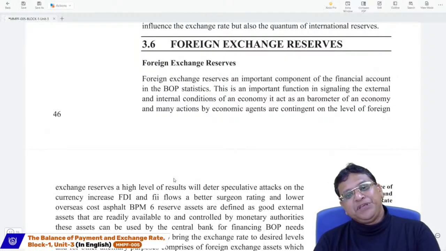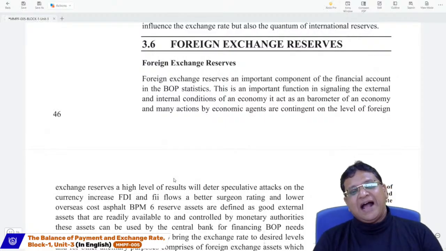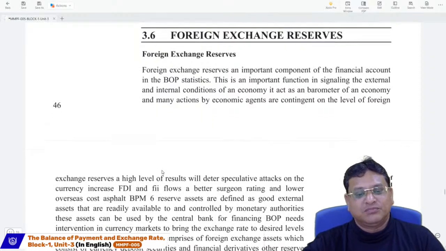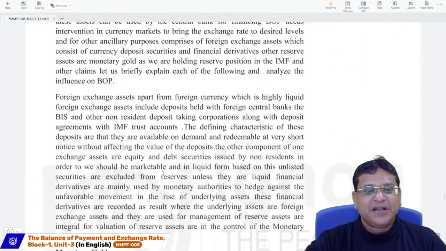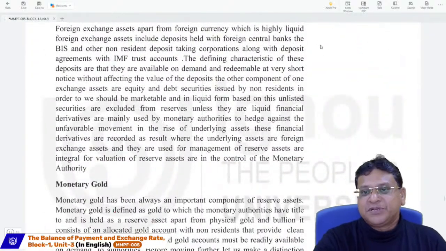If there is a BOP deficit, the forex reserve will come down. If there is a BOP surplus, the forex reserve will increase. And forex reserves are kept in four forms. So we will discuss the different forms in which forex reserves are kept.